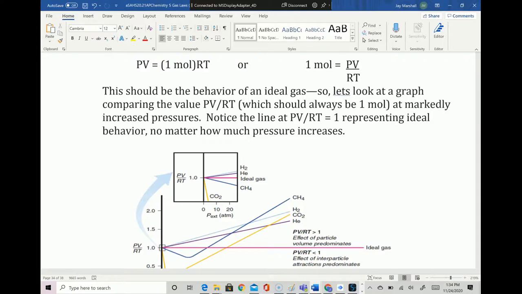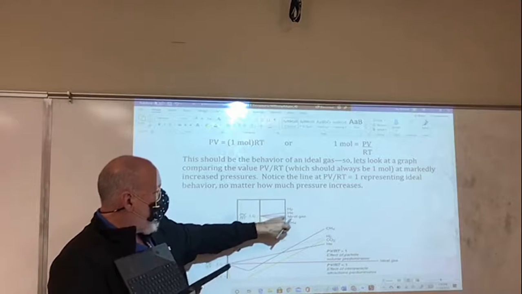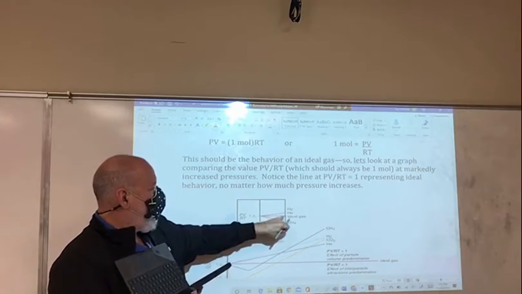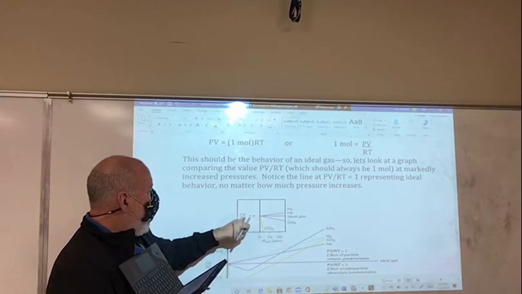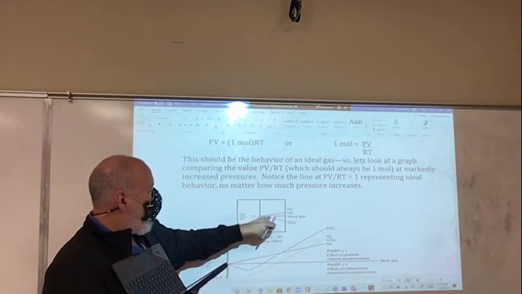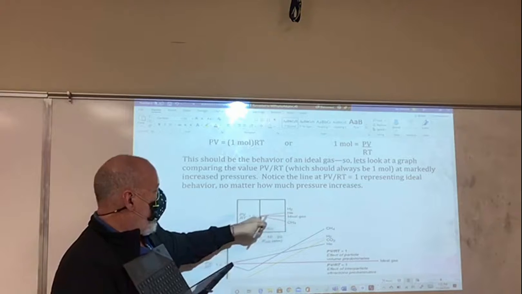Okay, for an ideal gas, it should always be 1.